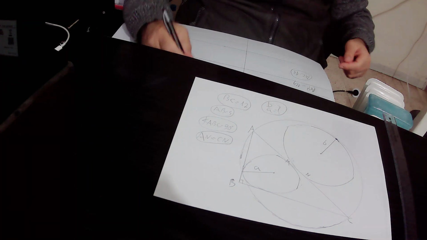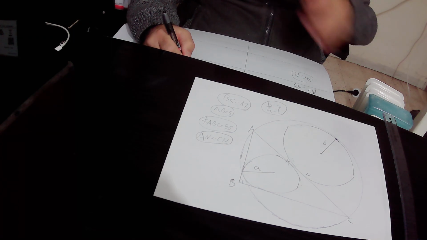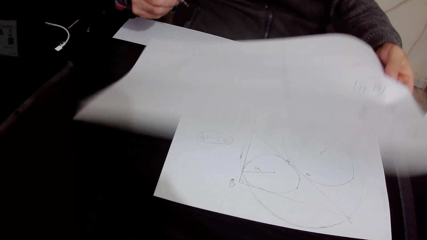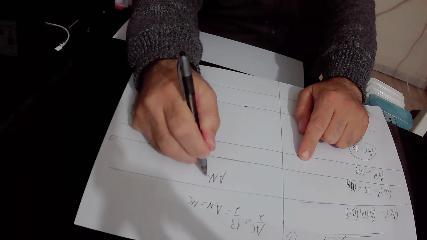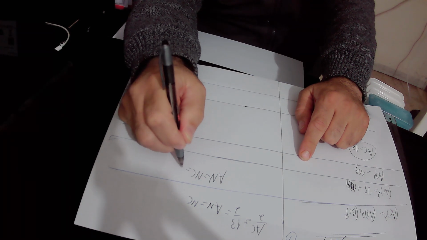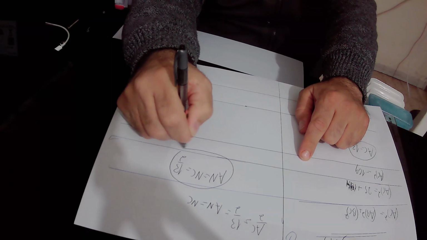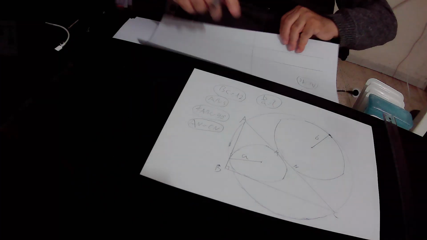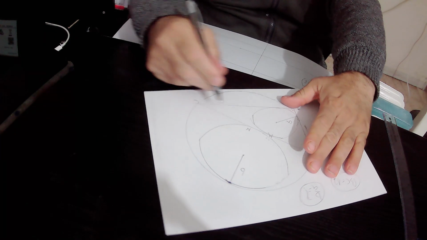And of course, here AN equals NC. Each half equals 13 over 2. So the second half NC equals 13 over 2 units.